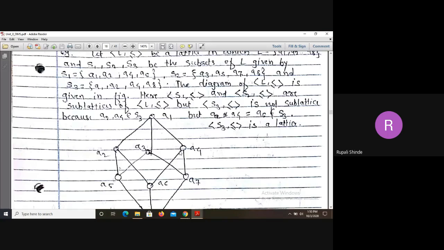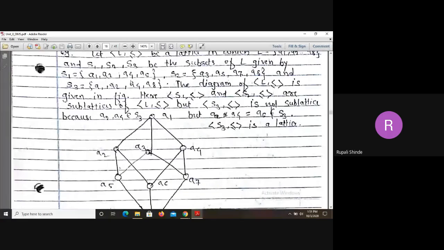A6. And the least upper bound? A4. So again we check whether A4 and A6, that result, is present in S1. Yes, A4 and A6 are here.